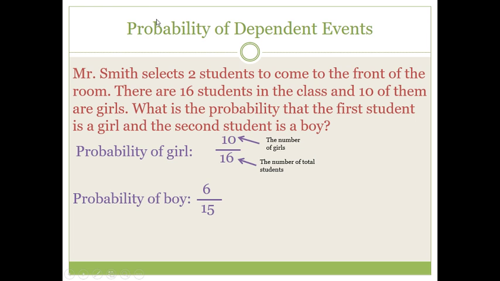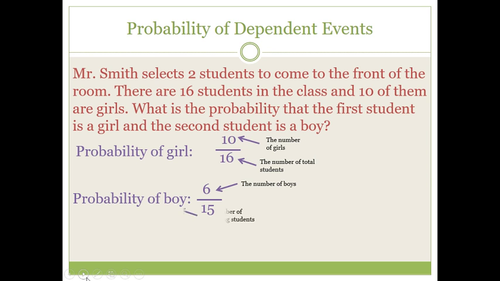So you see, when we're calculating these dependent events, what it generally affects the most is the total number of outcomes. The total number of students to pick from has gone down by 1 because I've already selected one of the girls from the class. All right, so the probability that we pick a boy is 6 out of 15.